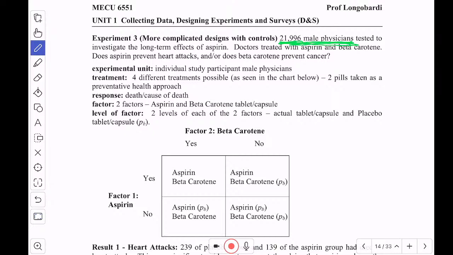And 2, does beta-carotene prevent cancer? So they took advantage of the fact that they had identified 21,996 male physicians willing to participate and thought, let's take advantage of this sample and administer both those treatments.